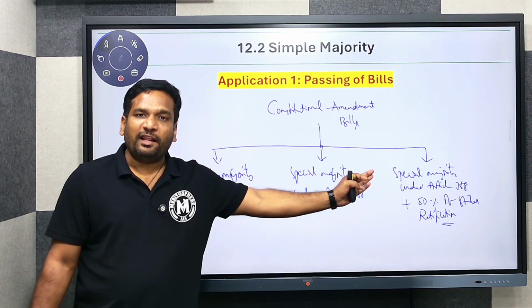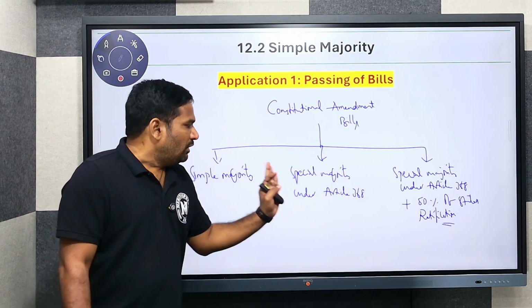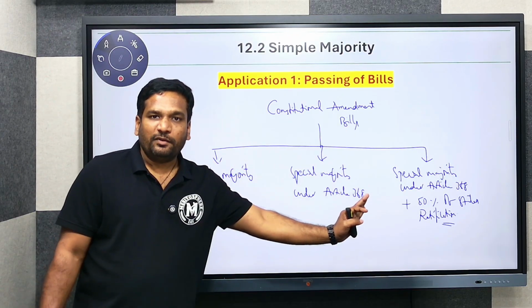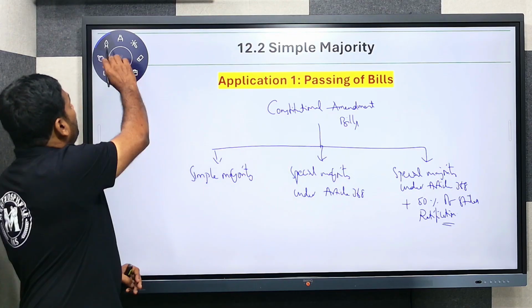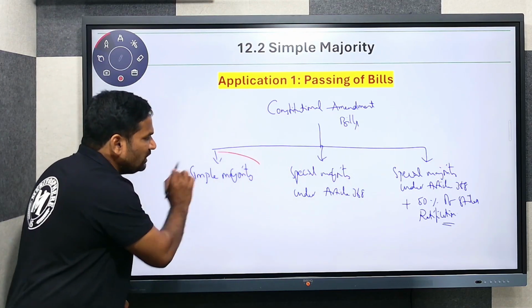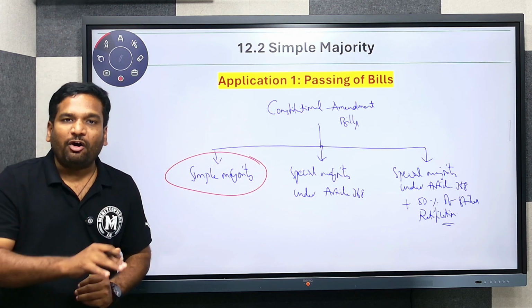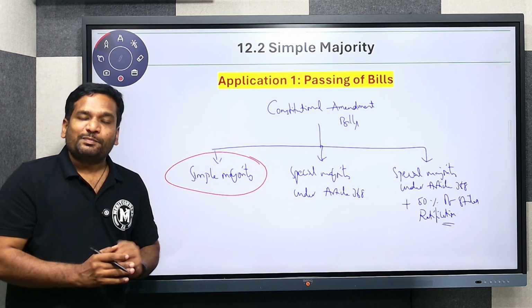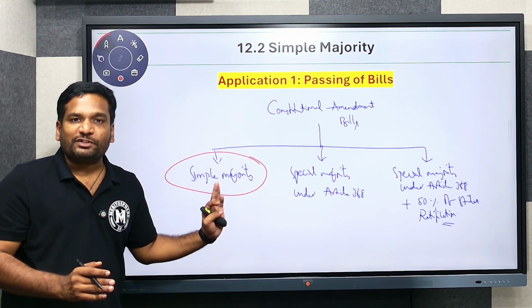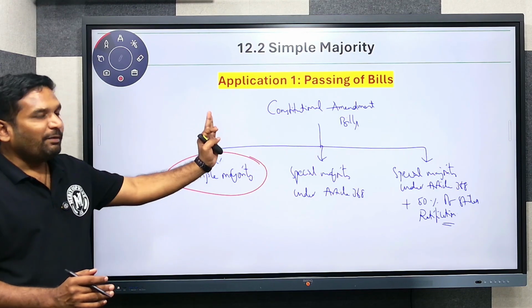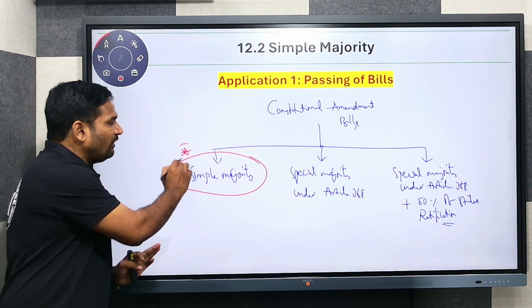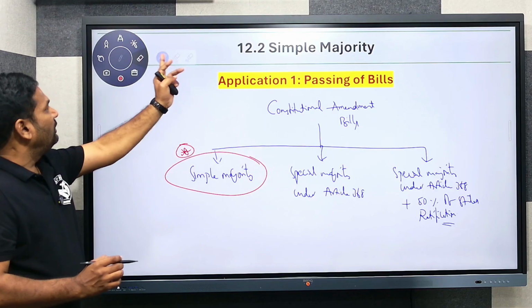So this is another kind of majority, right? About these three we will be discussing a bit later. So here my point is that using simple majority also, the Constitution can be amended.